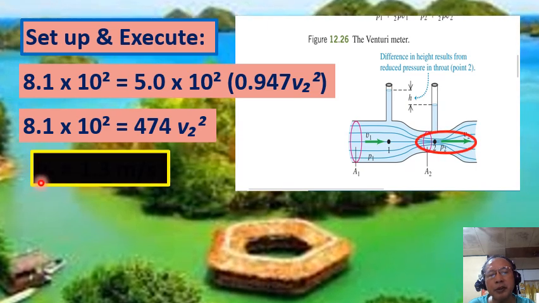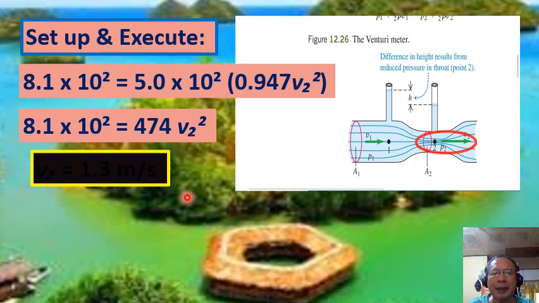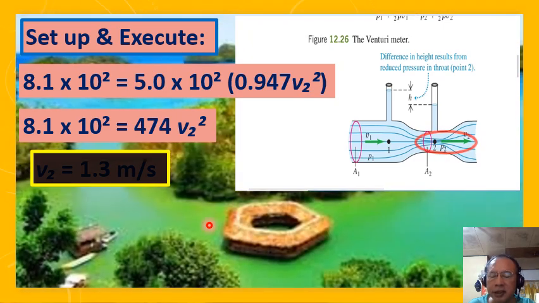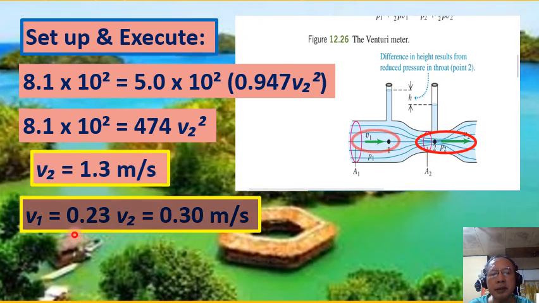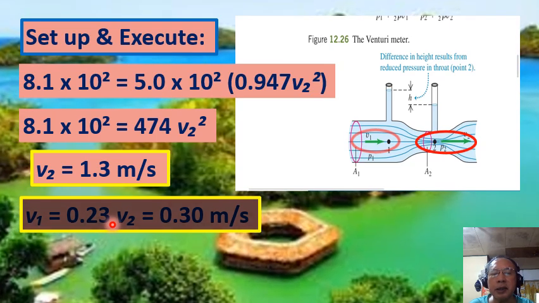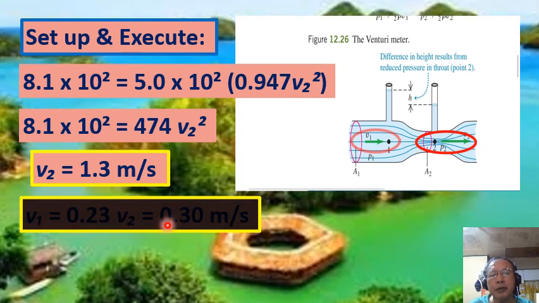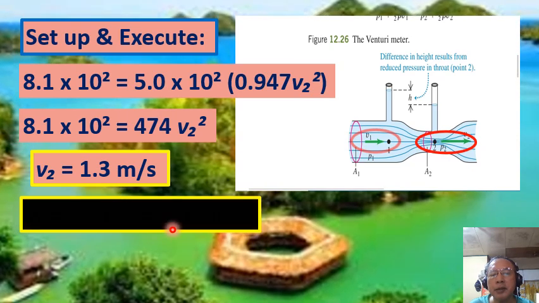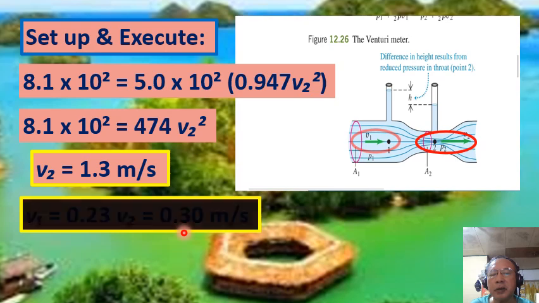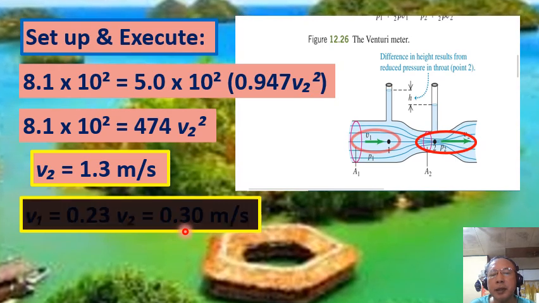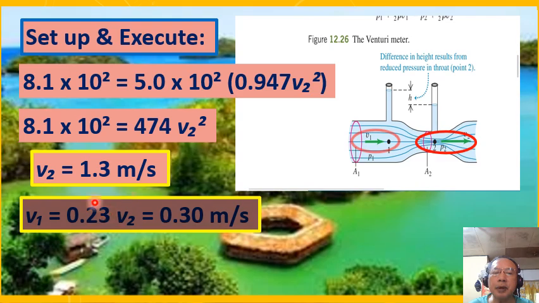We get the value of V2 equal to 1.3 meters per second. And since V1 is just equal to 0.23 times V2, it follows that V1 is equal to 1.3 meters per second multiplied by 0.23, or 0.30 meters per second.